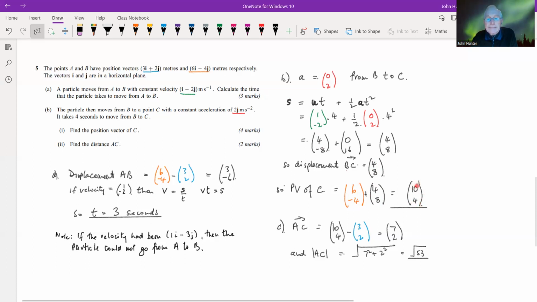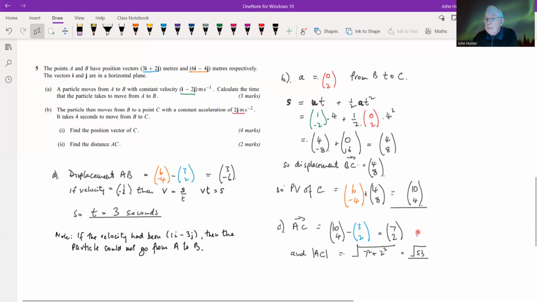Okay. And then it says find the distance from A to C. Well, of course, this is the position vector of C, and this is the position vector of A. So this is the displacement difference, if you like, between A and C, the displacement vector. So to get from A to C, overall our journey goes 7 along and 2 up.